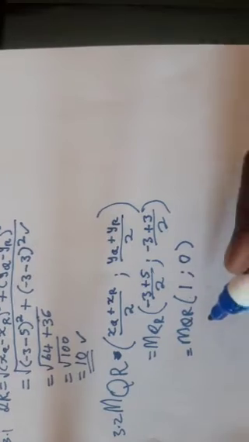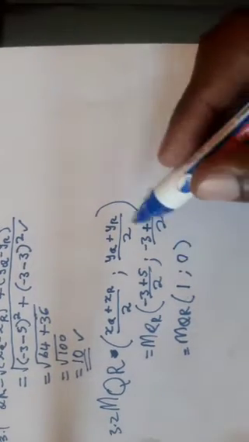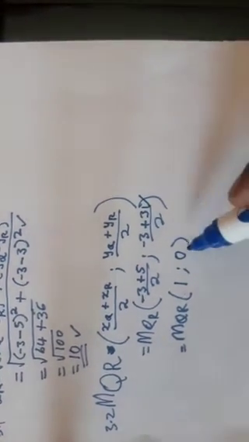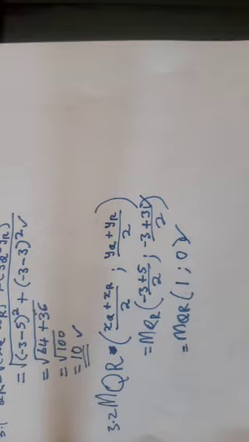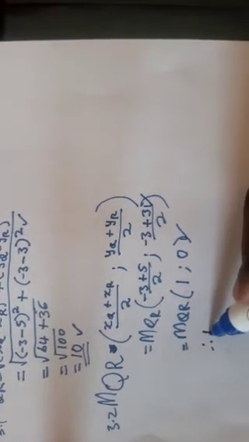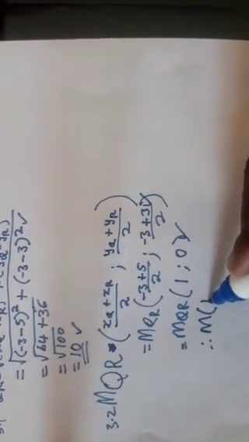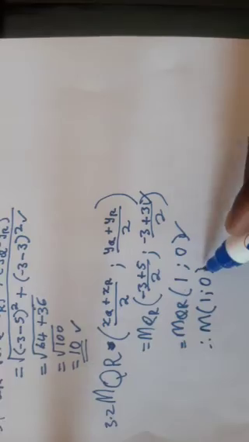The substitution gets a tick, and the answer gets a tick. Therefore M is the coordinates (1; 0).